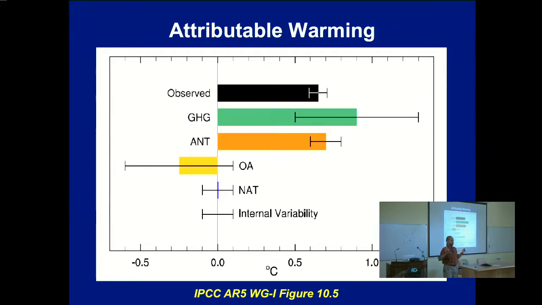But the temperature measurement itself is a combination of all the external forces and internal variability, right? All of those combine and produce my actual observed temperature. So out of that observed temperature, what is the contribution of solar radiation or a volcano or something else? That is what we are trying to do.